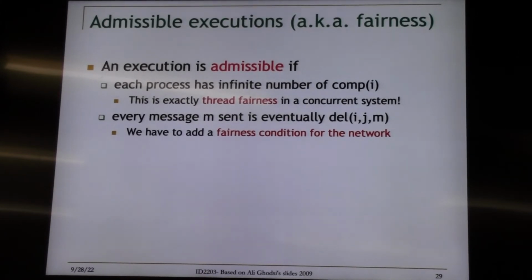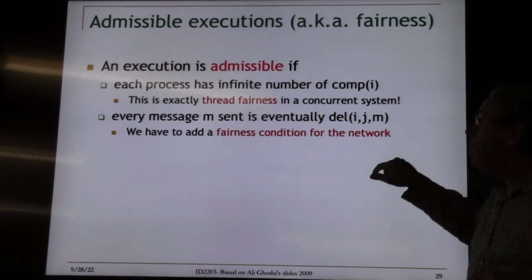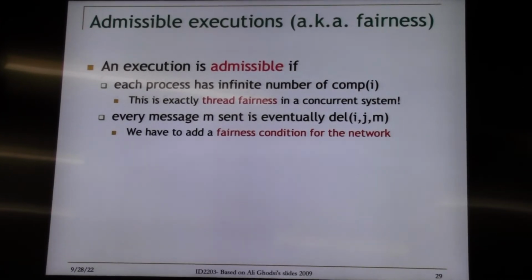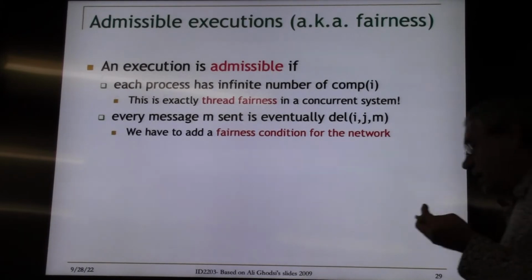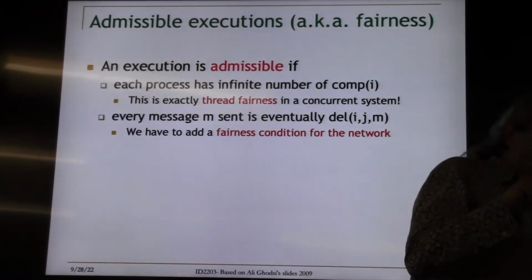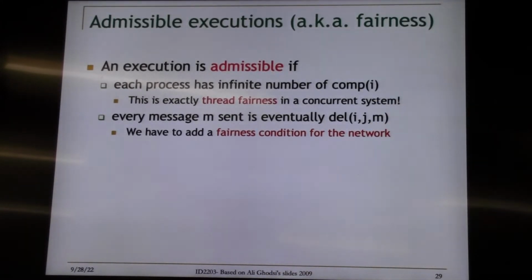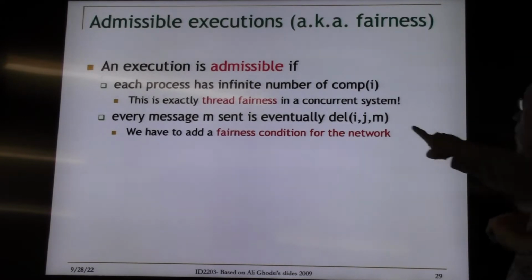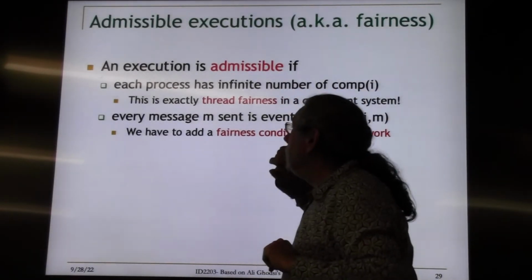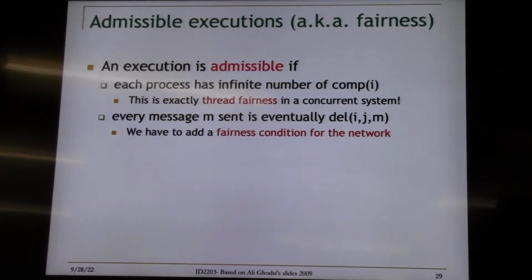You should. But in a distributed system, we have also that. But we have a little bit more, because a distributed system is like a concurrent system plus the network. And this is called admissible. So an execution in a distributed system should be admissible. If it's not admissible, then there's something wrong.